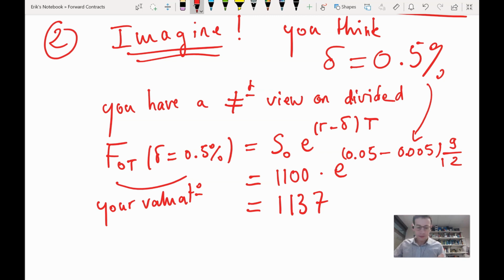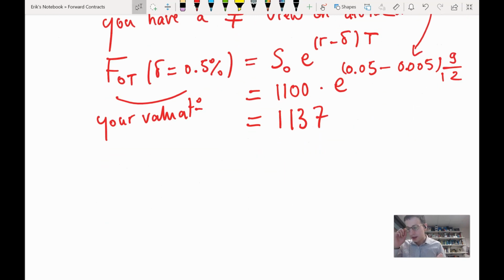Okay? So you think that the forward is actually more valuable than it trades at. Why?